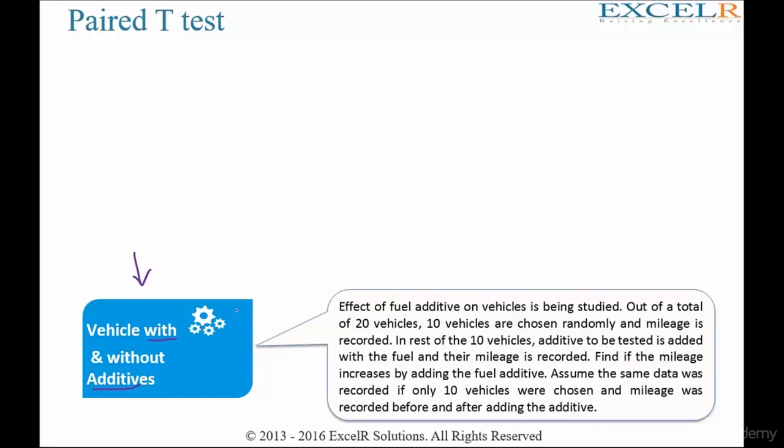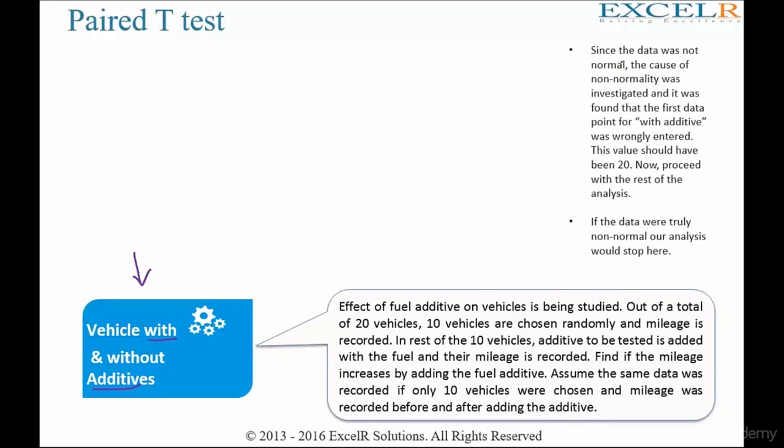So assume that during your analysis, you found that one value was wrongly keyed in. And that was the first data point, assume. So since the data was not normal, the cause of non-normality was investigated and it was found that the first data point for with additive was wrongly entered and this value was supposed to be 20.